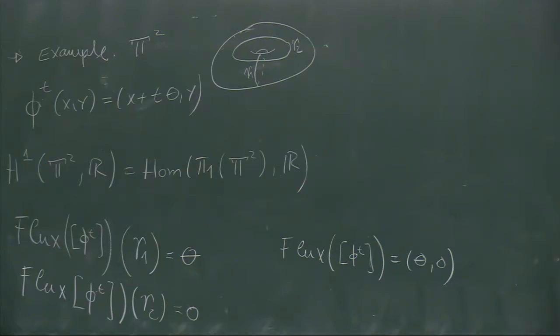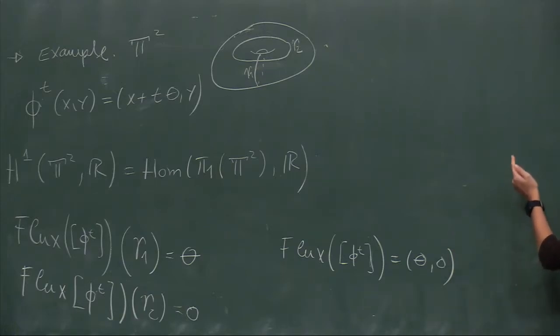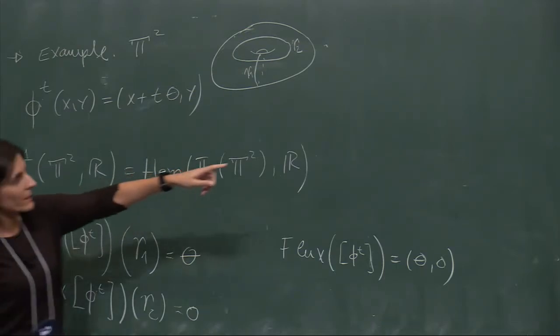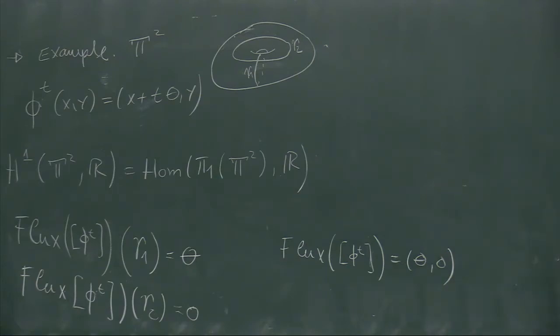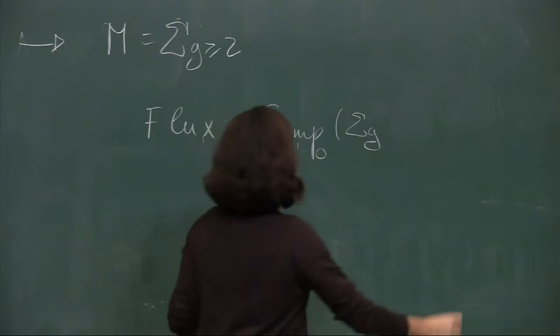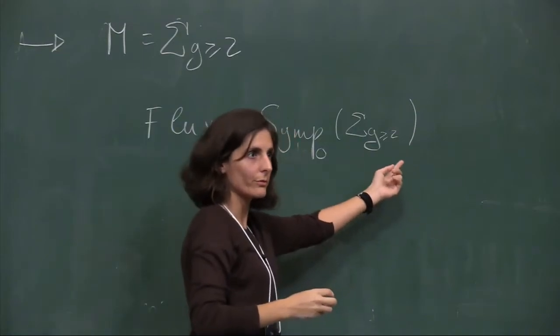Moreover, let me point out that if my M is a surface Sigma_G of genus G greater than 1, then the flux map, which is defined on the universal covering, actually descends to the identity component of the group of symplectomorphisms. I'll fix some area form here.